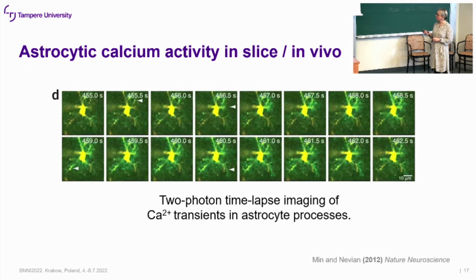Here is a 2-photon time-lapse imaging of these calcium transients in the cell soma, and then also in these branched processes. This is work from Min and Nevian in their paper in Nature Neuroscience, and we have used this data in our modeling as well.